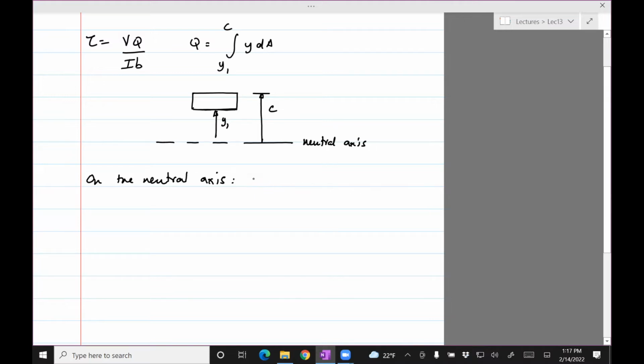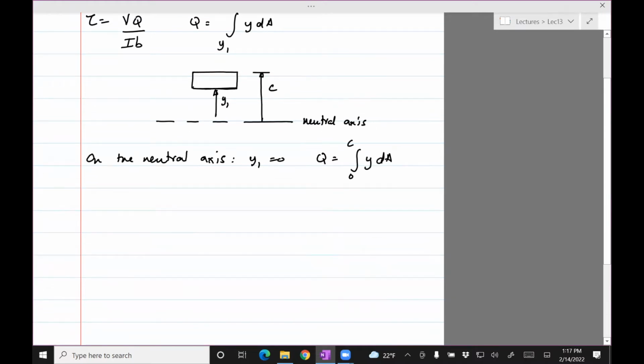What am I doing? y1 is 0, right? My bad. So we have Q equals the integral from 0 to c of y dA, which is not equal to 0. It's some value. So tau is actually maximum. It's maximum because y dA is maximum when you integrate from 0 all the way to c.